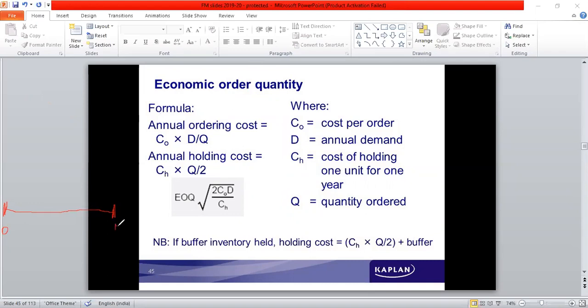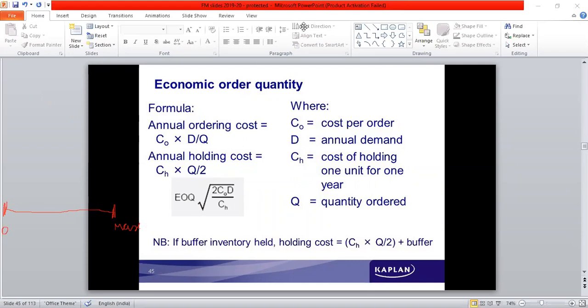In any particular situation, what is the maximum inventory level? So we put it on a scale of inventory starting from zero units until the maximum number of units.